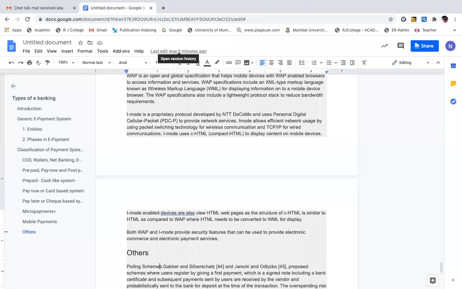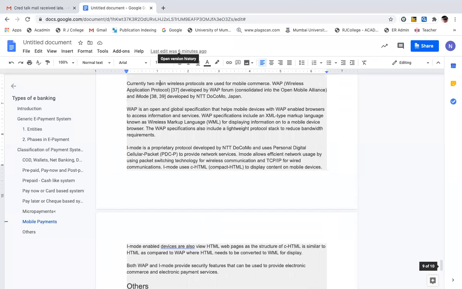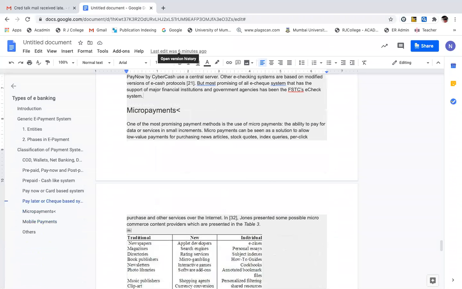Google Pay, wherein I link my bank account with my Google Pay account, which is again a wallet or UPI, okay? All these are done through the mobile phone. Do you understand?